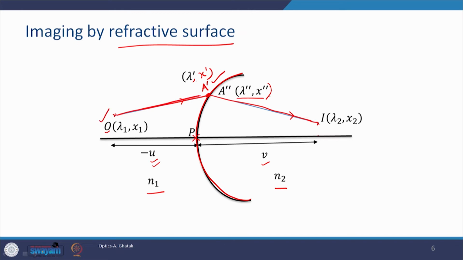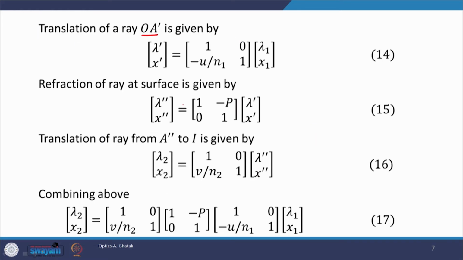For this distance O A prime, which is a pure translation, we will write a matrix, which would be a translation matrix. Now, lambda prime and x prime are the coordinates of point A prime and lambda 1 x1 are the coordinates of point O. These two would be related through this matrix. And what is this matrix? This is your translation matrix.